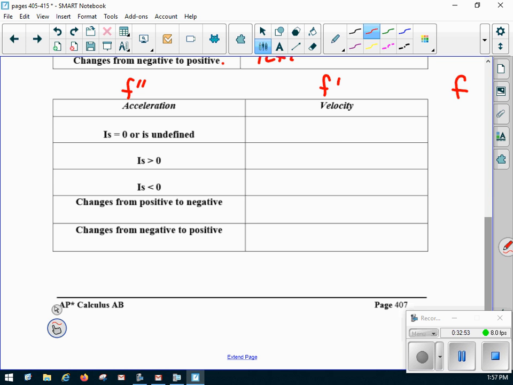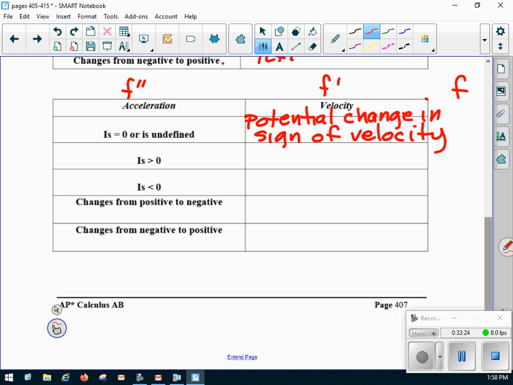Now, if there's a possible point of inflection, what did that tell us about the derivative? Changed from increasing to decreasing or the other way, right? So let's talk about what it means here. This is a potential change in sign of your velocity, meaning positive velocity moving right versus negative velocity moving left.